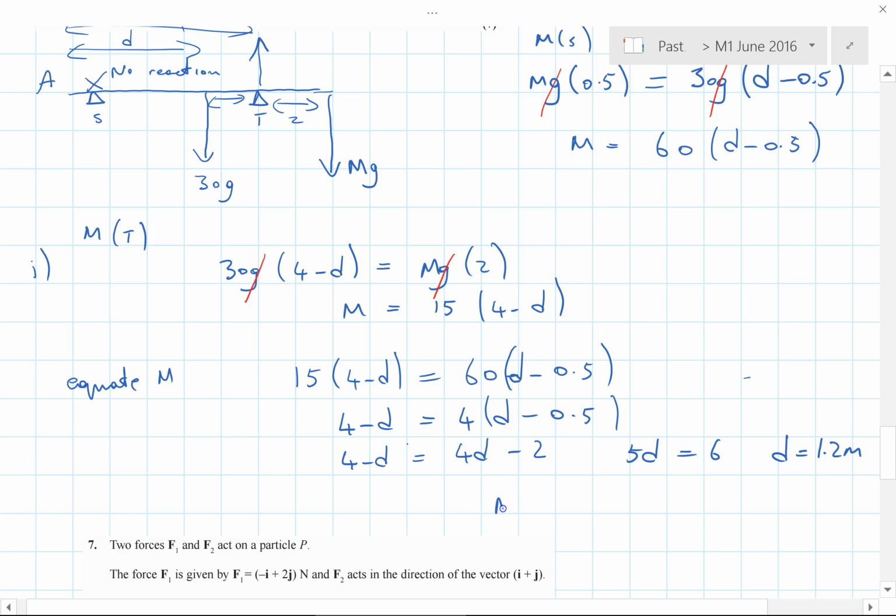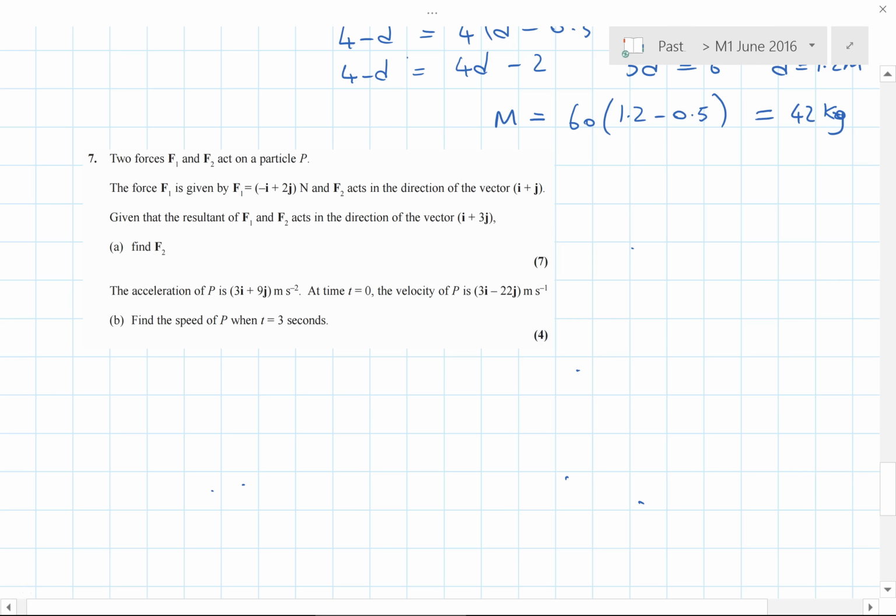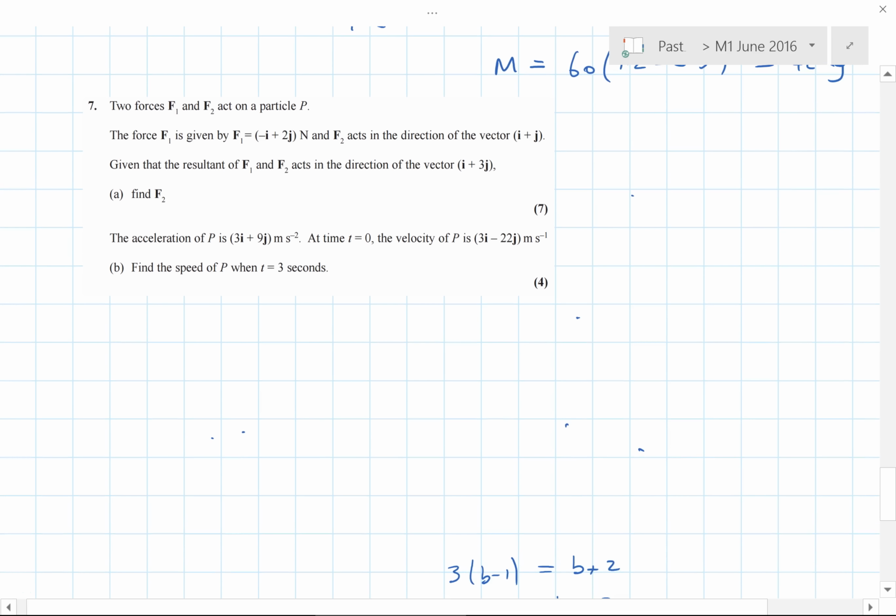So M equals 60 times (1.2 minus 0.5), which is 60 times 0.7, so that equals 42 kilograms. Okay, so that's question 6 done. Question 7 is an i and j question, but with forces and resultant forces and whatnot.